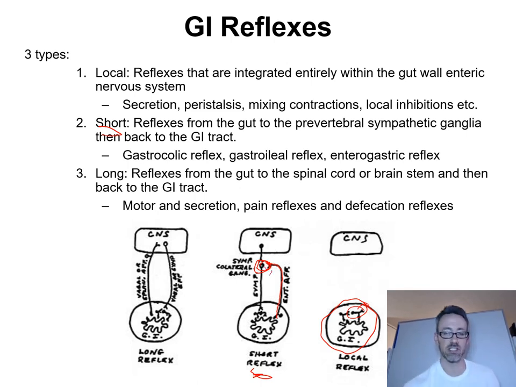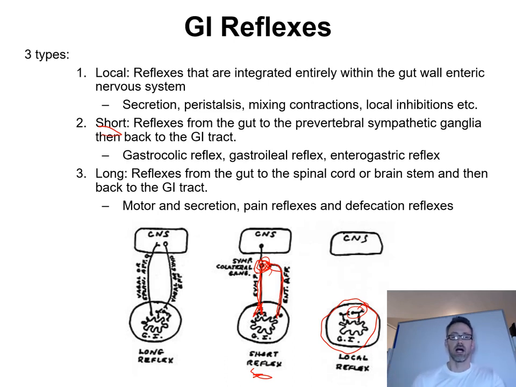And what happens is it'll send that signal directly back to the GI. So it creates this little loop here from this to the ganglia, back to the GI, and it creates what we call a short reflex. So this way, one part of the GI tract can communicate with a more distal or more proximal portion of the GI tract at short distances away, which might be too great a distance to create an effective local reflex.